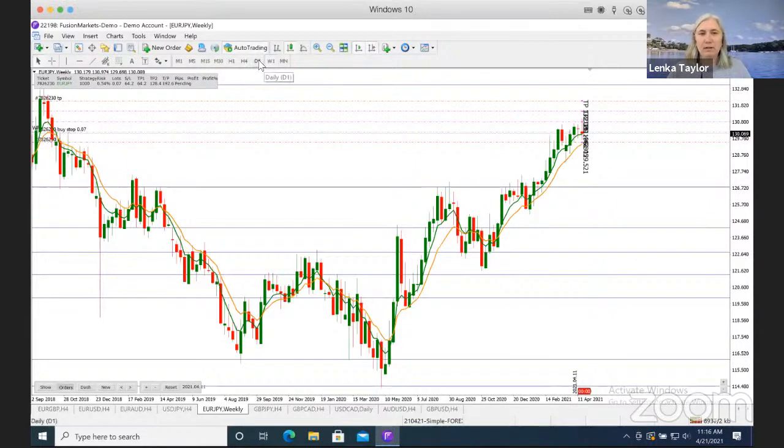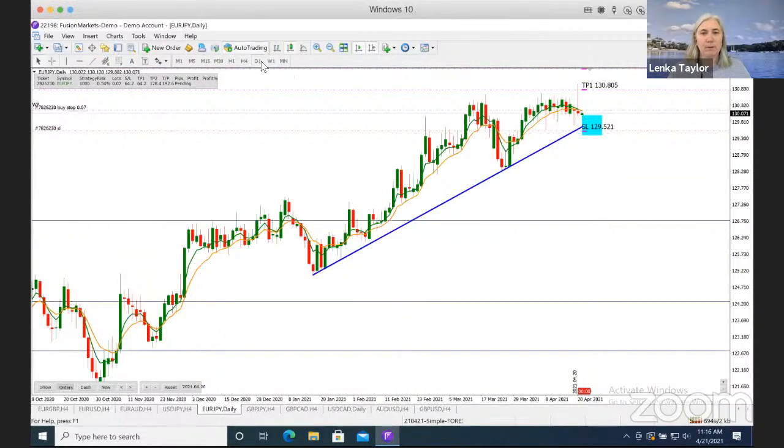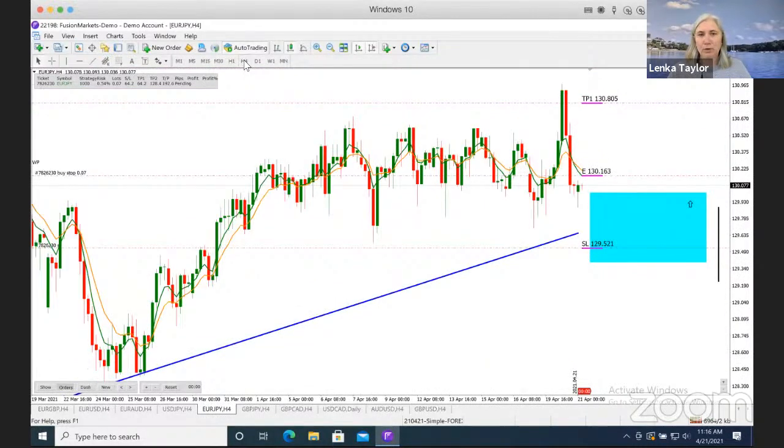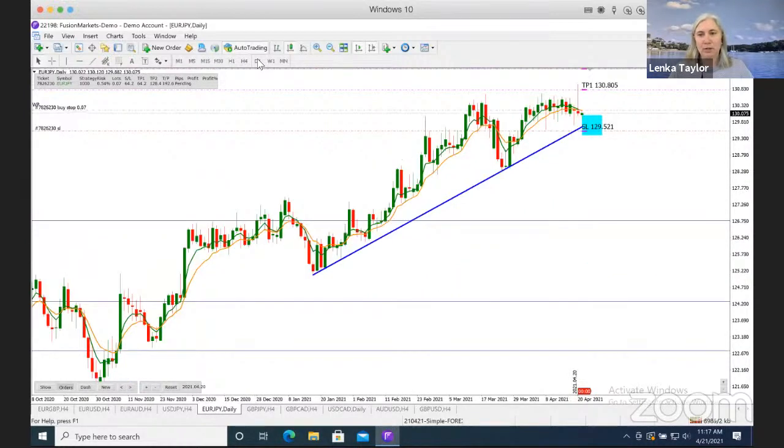And so I take the direction from the higher time frame. Then on the H4, I don't look for the direction anymore. On the H4, I just look for the entry, so a good strong entry setup. But the direction has already been determined. I don't really use H4 for direction at all.